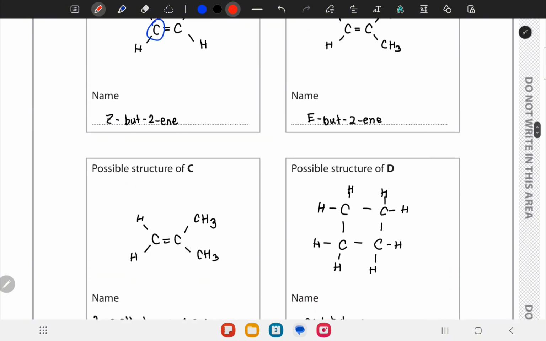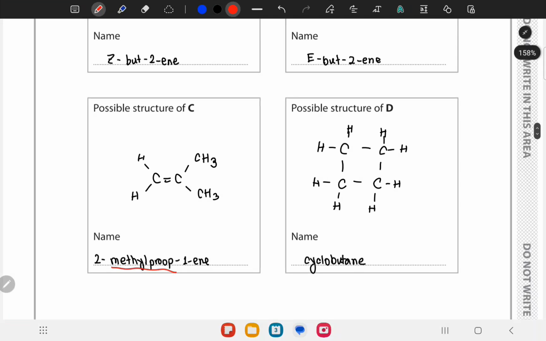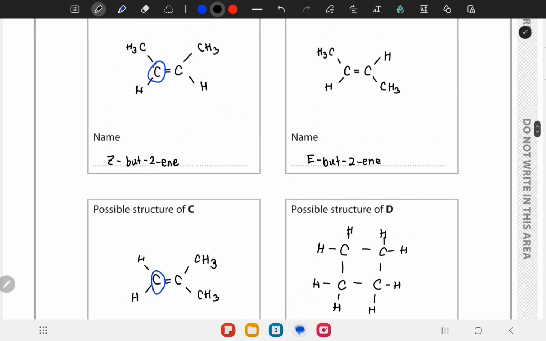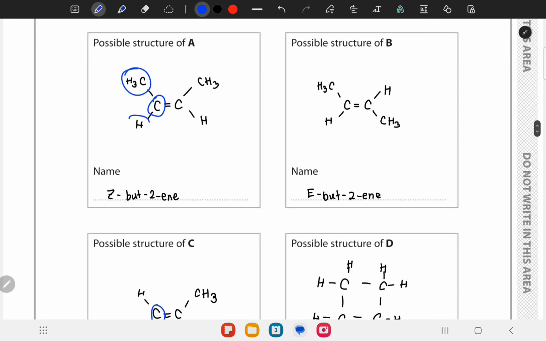In case of 2-methylpropene, if I look at this carbon, it has a bond with 2 hydrogens, so 2 identical things. So if they are bonded to 2 identical groups of atoms, it will not have isomerism, because they are the same thing. The isomerism is caused by two different things being over here.